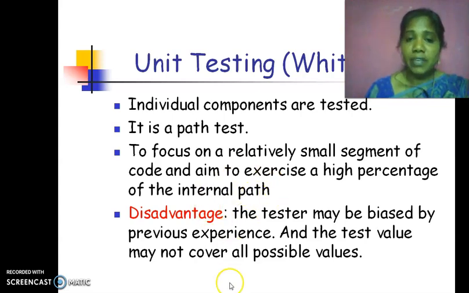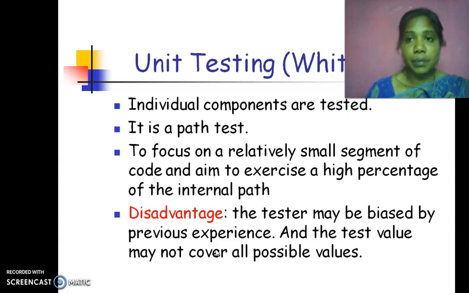So what are the disadvantages of unit testing? The tester may be biased by previous experience, and the test values may not cover all possible values, because the tester only works based on the test cases.